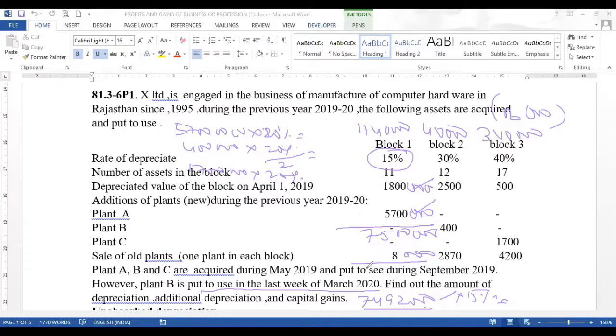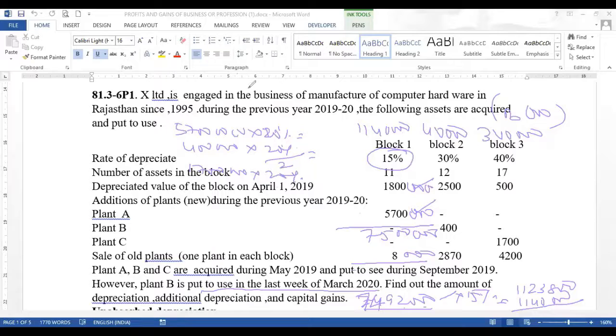Marian, please tell me what is the depreciation on this? 11,23,800. Great. Apart from that, you are also entitled to get additional depreciation of 11 lakh 40,000. So total depreciation you can gain is this amount for block 1.